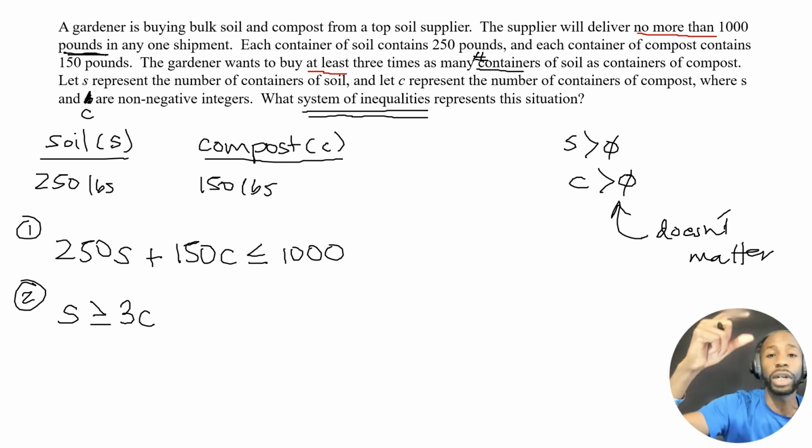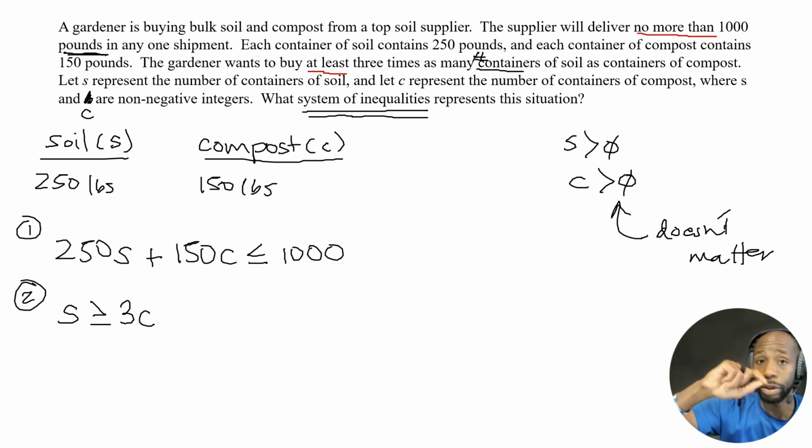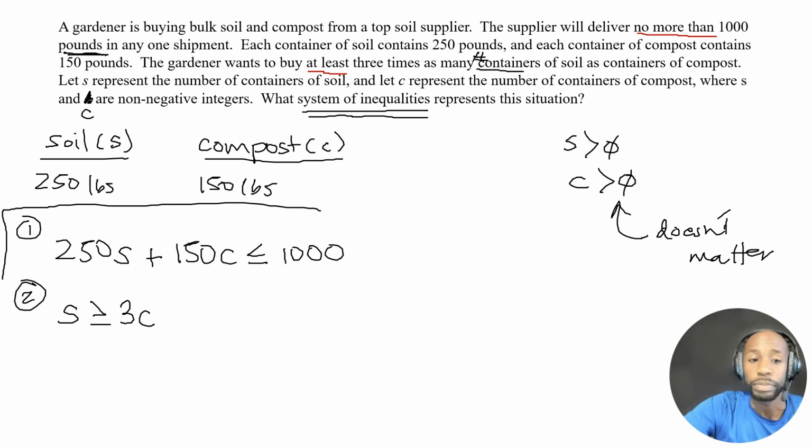So if we have a number of containers of compost, multiply that by at least three, and then we're going to have the number of containers of soil. You see? So that means we have more containers of soil. So these are our two equations.